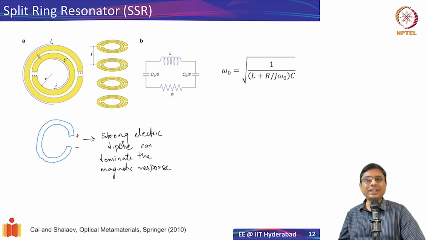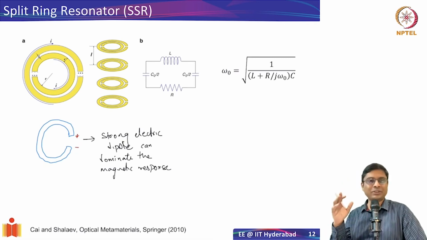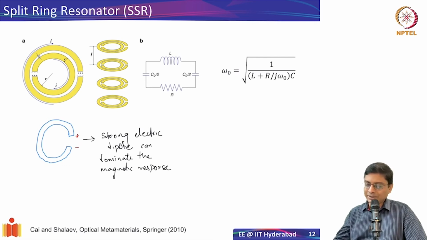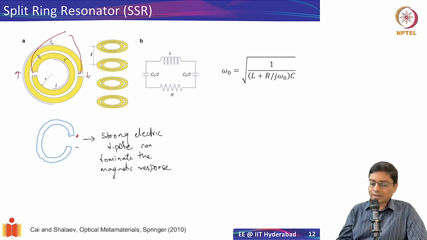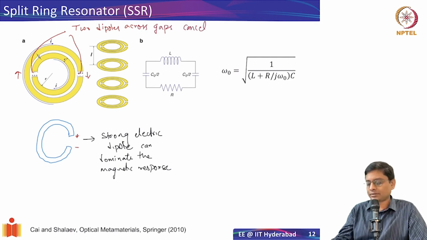So what we do is we create one more split ring, and it turns out that by using hybridization concepts, I can argue that the electric field is going to be opposite, and then I can have basically two dipoles. This is one dipole which is basically in this direction, another dipole which is in this direction, and the two dipoles across the gaps cancel each other.